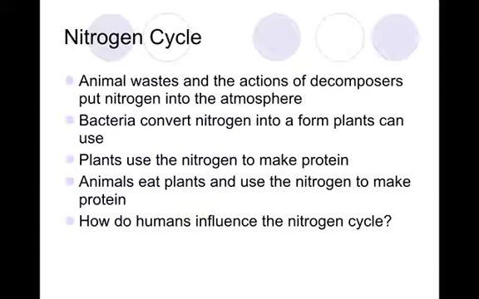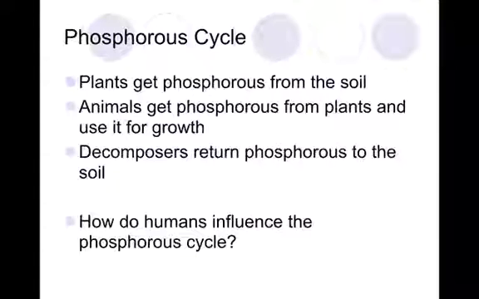Bacteria convert that nitrogen into a form that plants can use, which is really important because plants use that nitrogen to make proteins, and then animals eat plants and use the nitrogen to make protein there. So plants and animals, we have to have that protein to be able to function. Again, in class, we talked about how we as humans influence that nitrogen cycle.